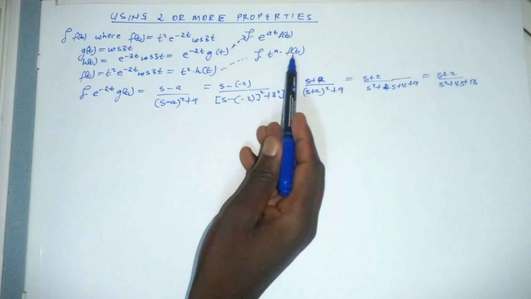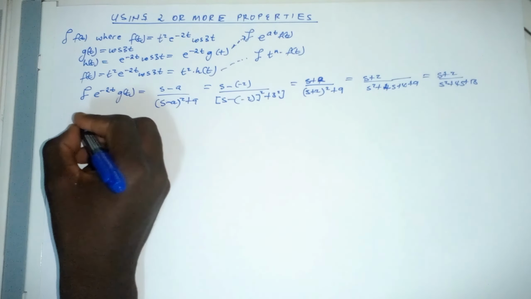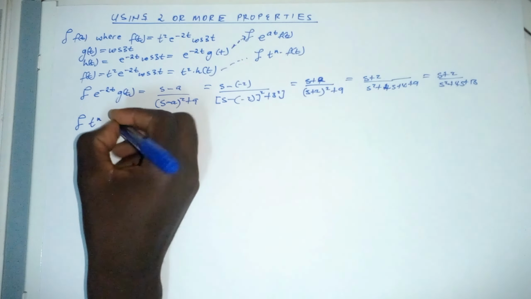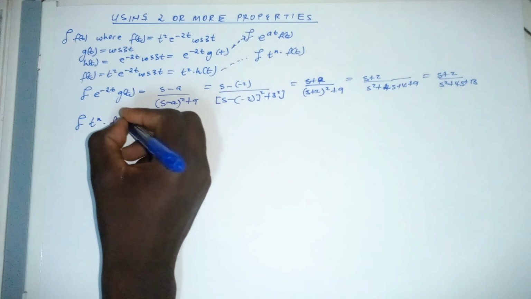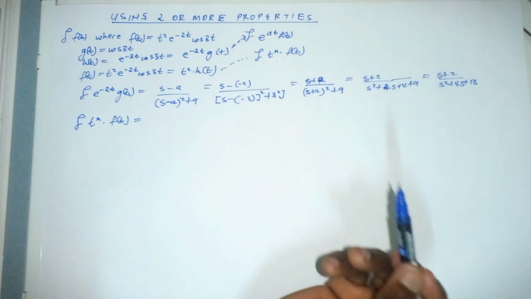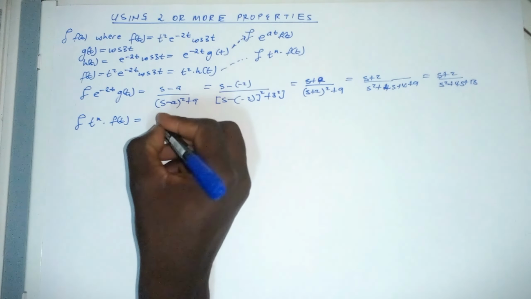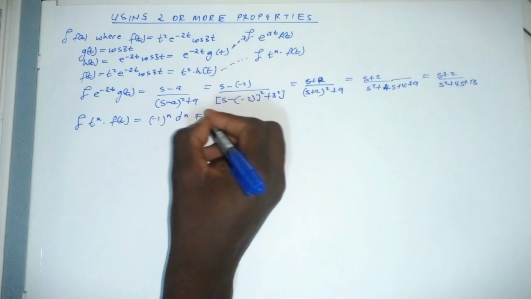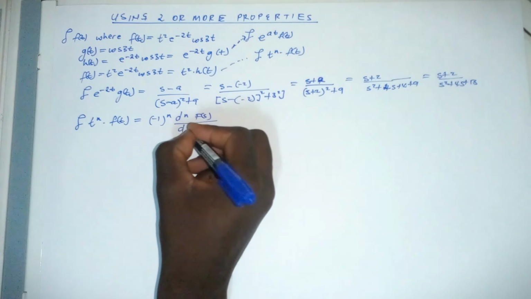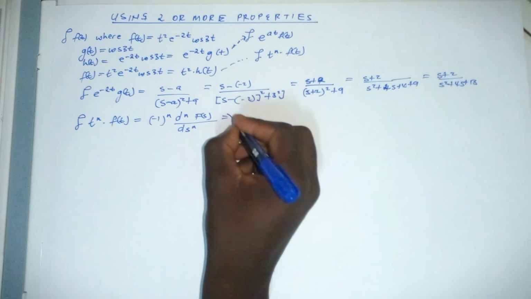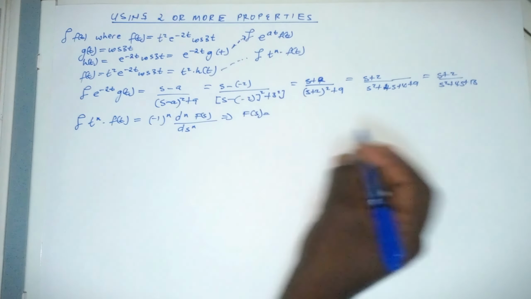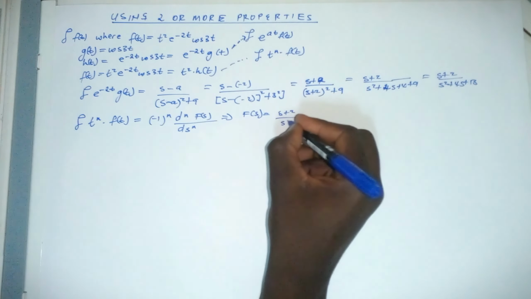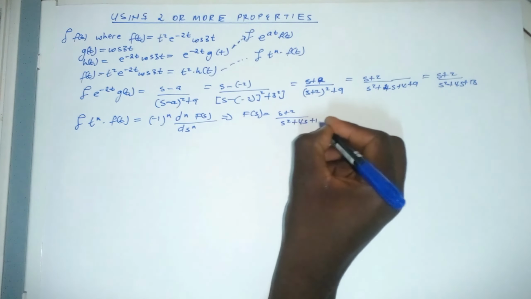That means in order to evaluate the Laplace transform of functions in the form t to the power n f of t, we use the derivative of the Laplace property, which is equal to negative 1 to the power n times d n F of s divided by d s n, and in this case F of s is s plus 2 divided by s squared plus 4s plus 13.